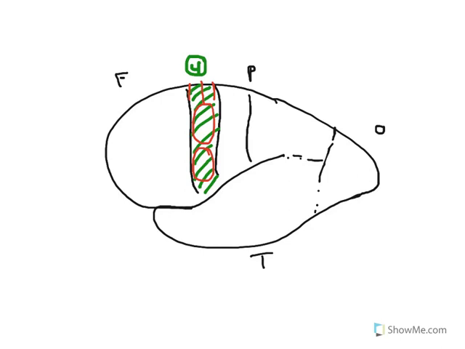Also, we should know that the lower limb area on the uppermost part of motor area 4 is also represented on the medial side of the frontal cortex and the paracentral lobule, as we discussed in the lab session and also in the first lecture of our course.